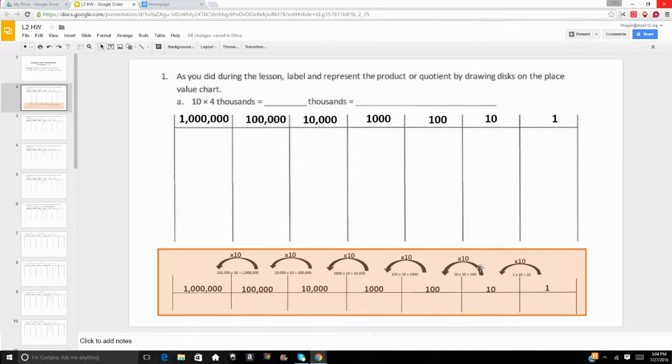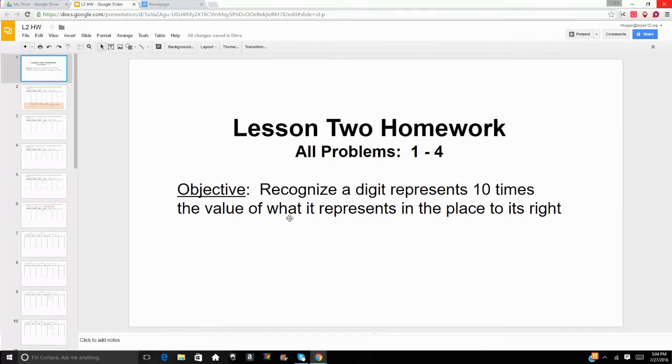Now what we did down here for you to use is a reference point. This shows us that the tens place is 10 times the ones place. As it said in the beginning, the digit represents 10 times the value of what it represents to its right.